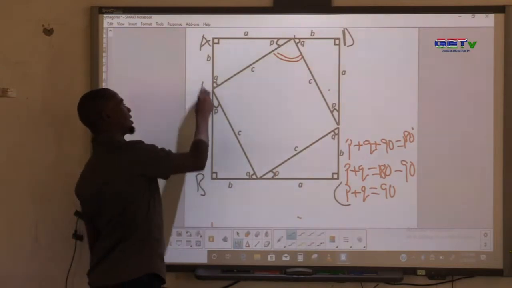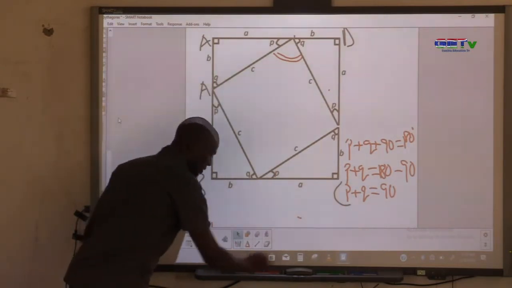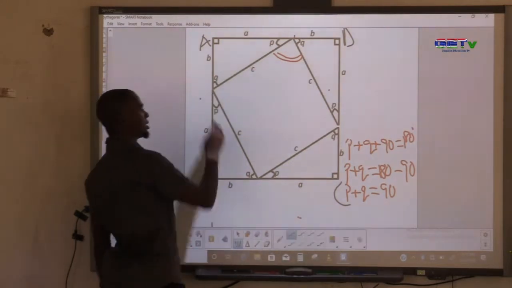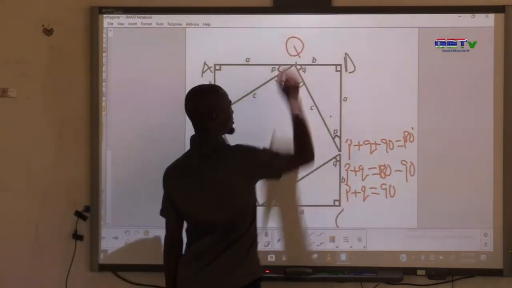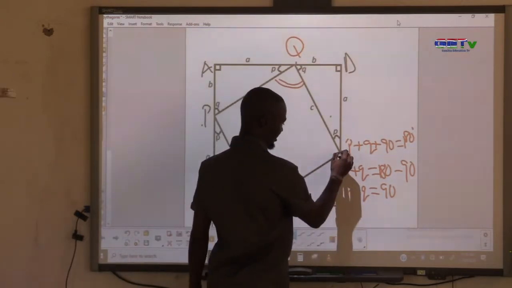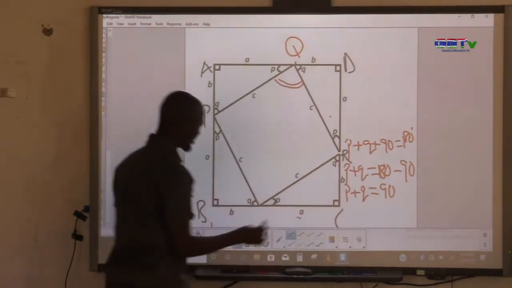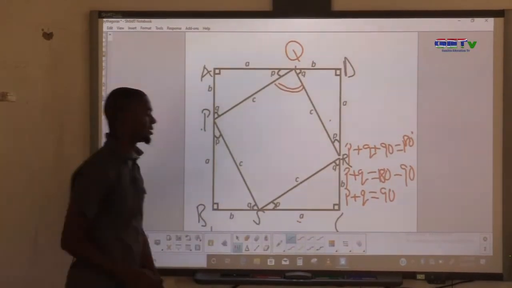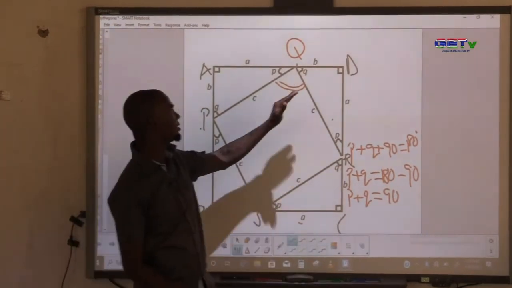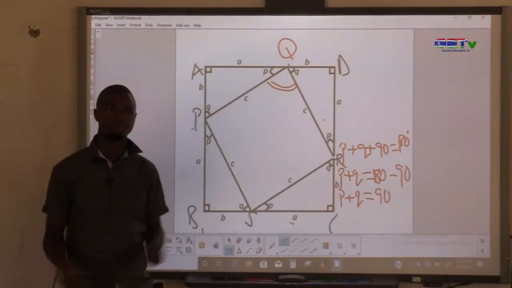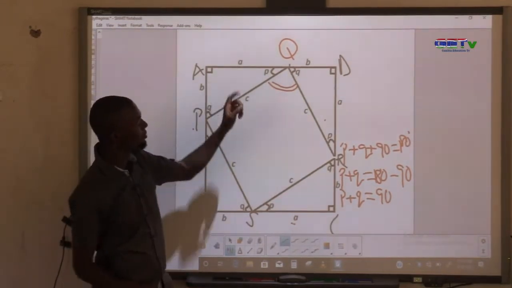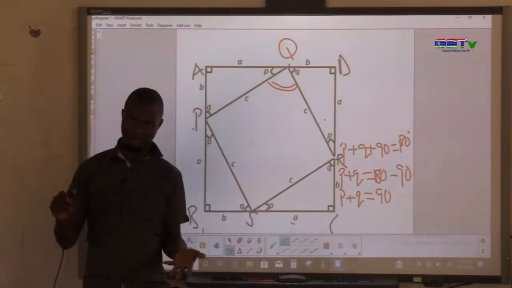Let's call its corners P, Q, R, and S. You have A, B, C, D as a square, and inside, the tilted square is P, Q, R, S.